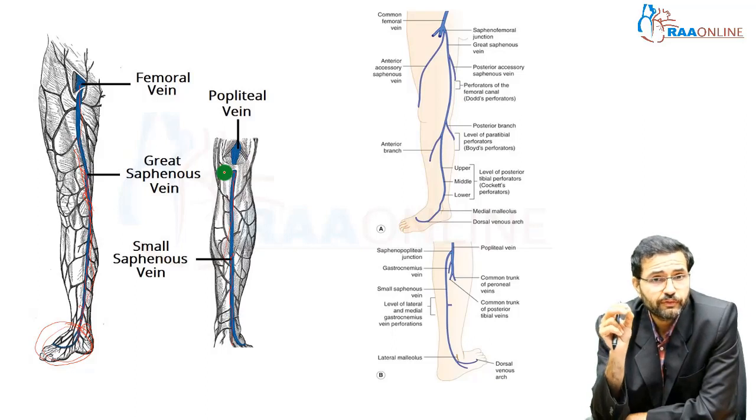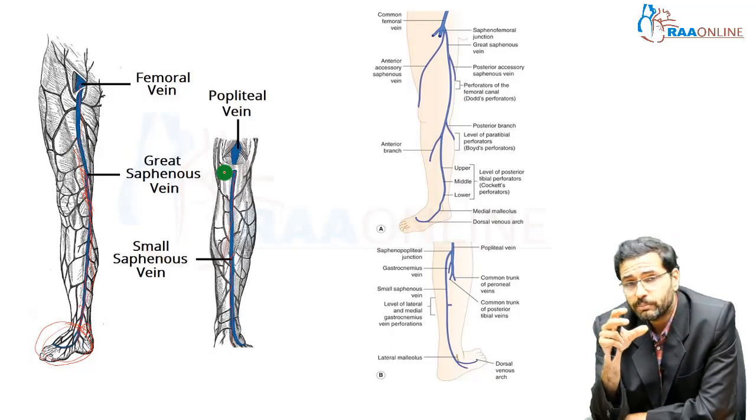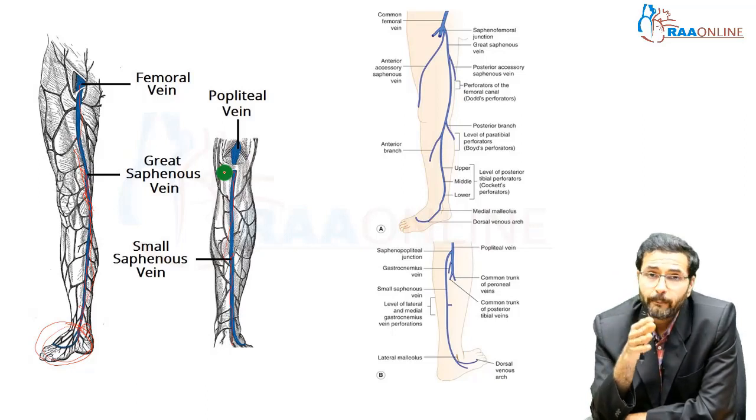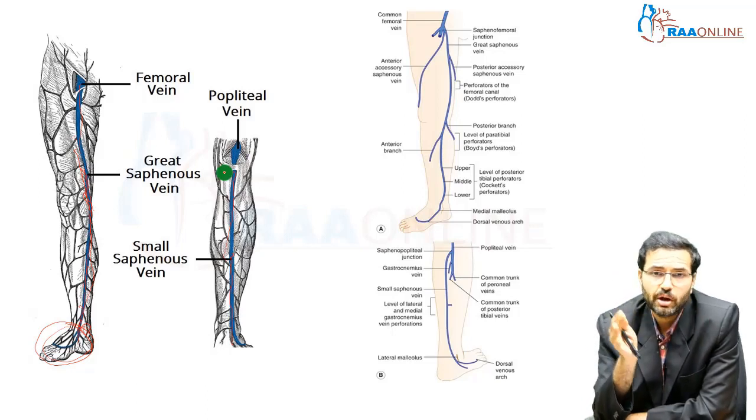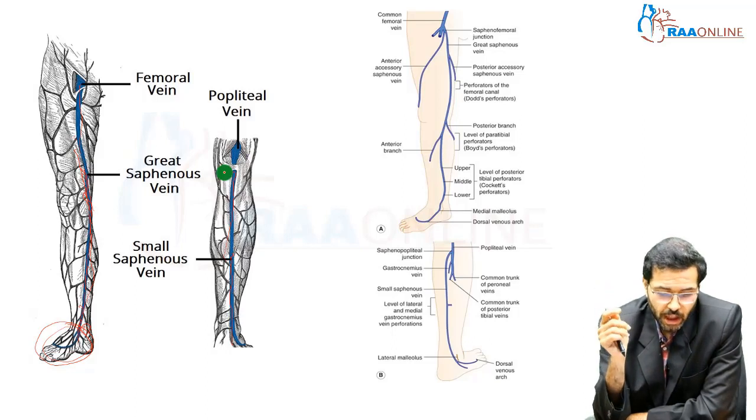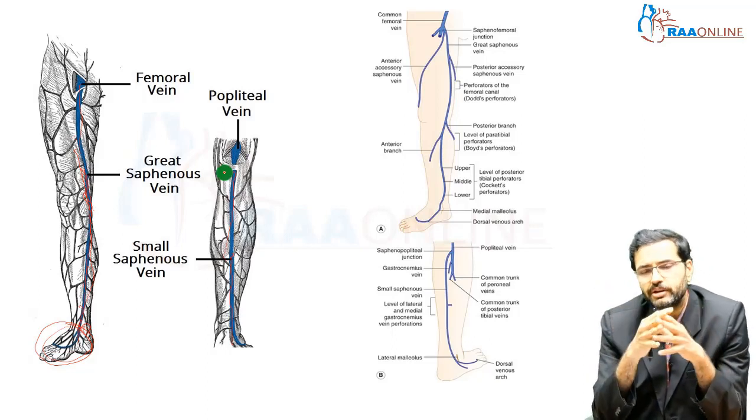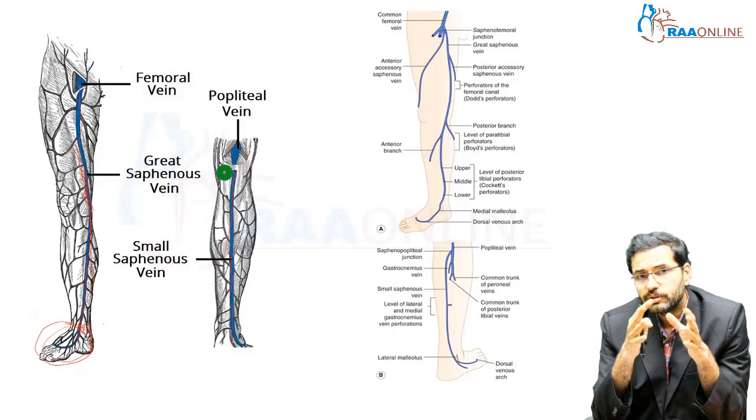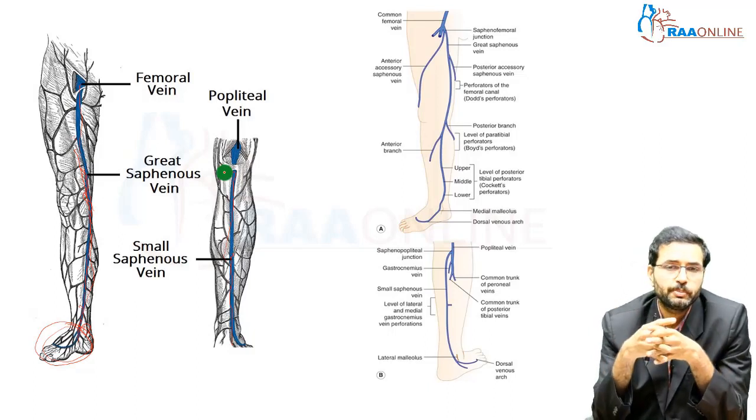Diagnosis of saphenopopliteal incompetence by Doppler and managing it surgically is a little difficult when compared to saphenofemoral junction incompetence. So these are the basic points regarding the course of the two most important superficial veins of the lower limb.